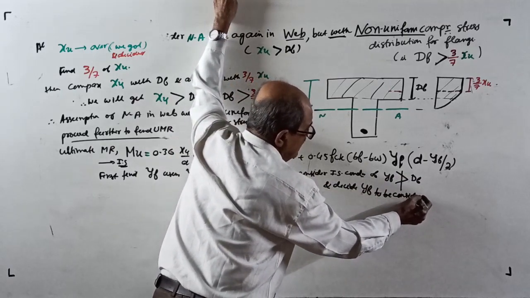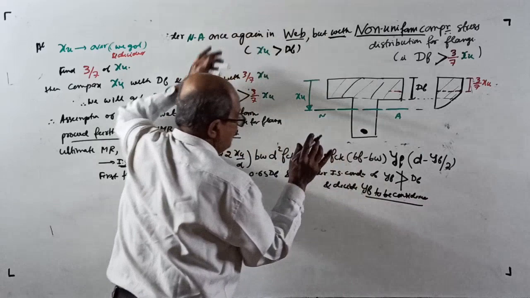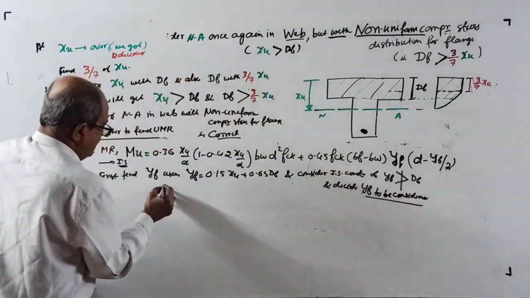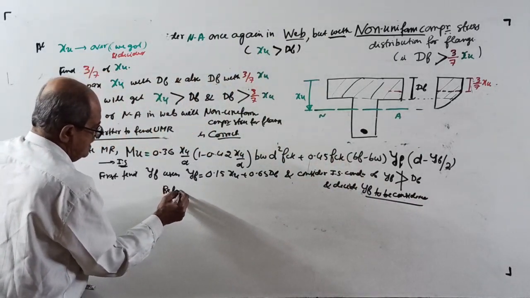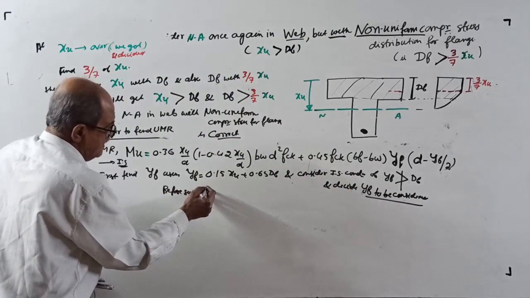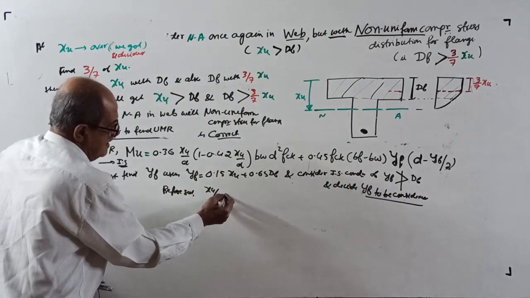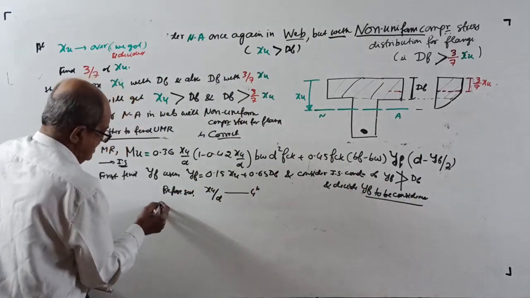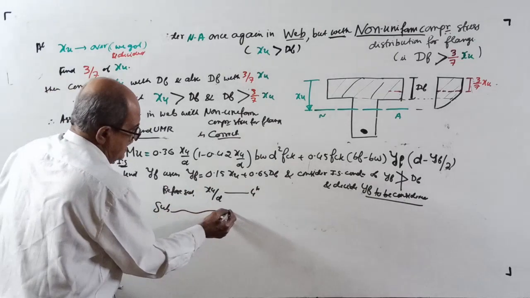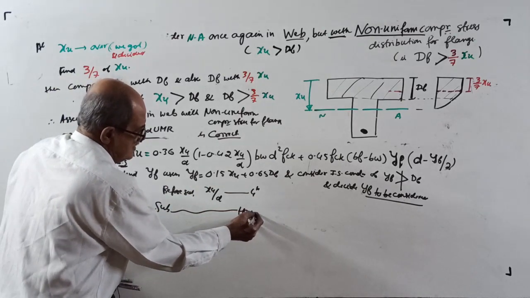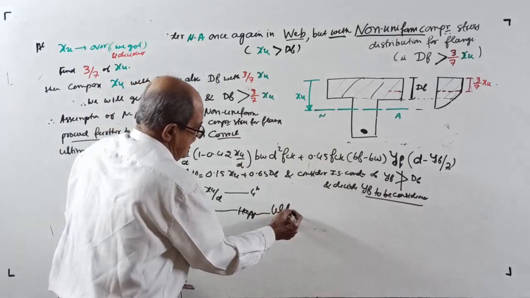This all I will explain when I do numericals. Okay. Now YF over. Next, before substituting, please find XU by D, better up to 4 decimals. Substitute, happily get ultimate MR.